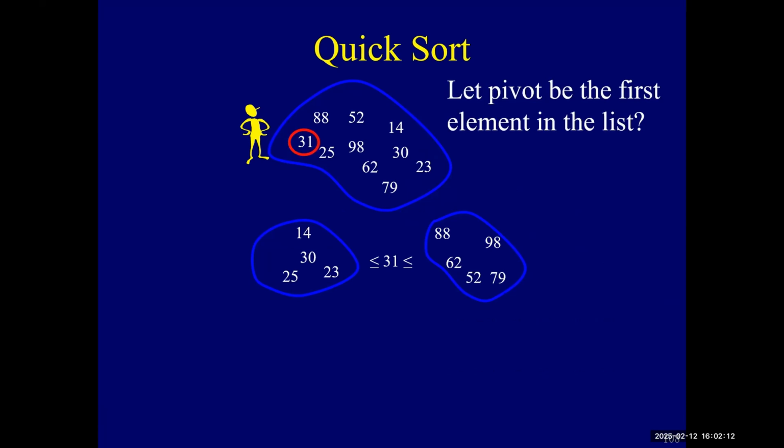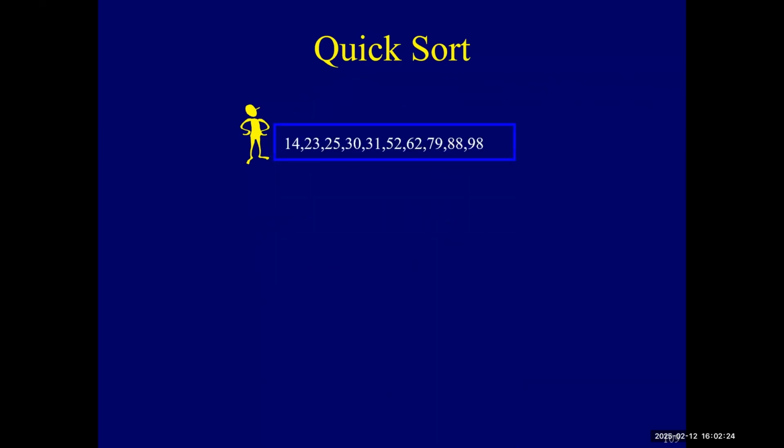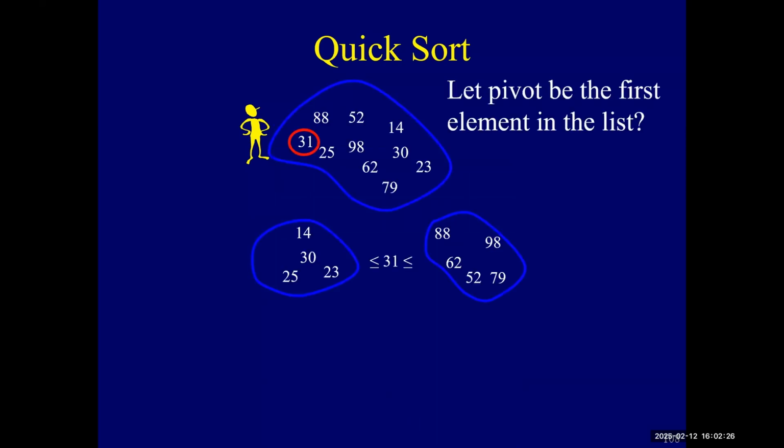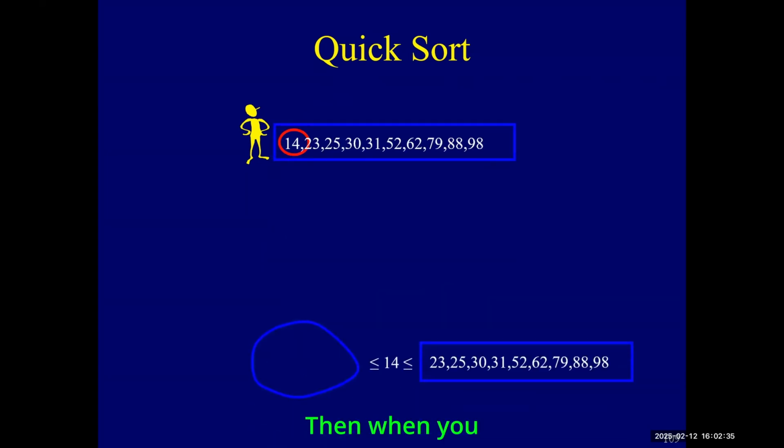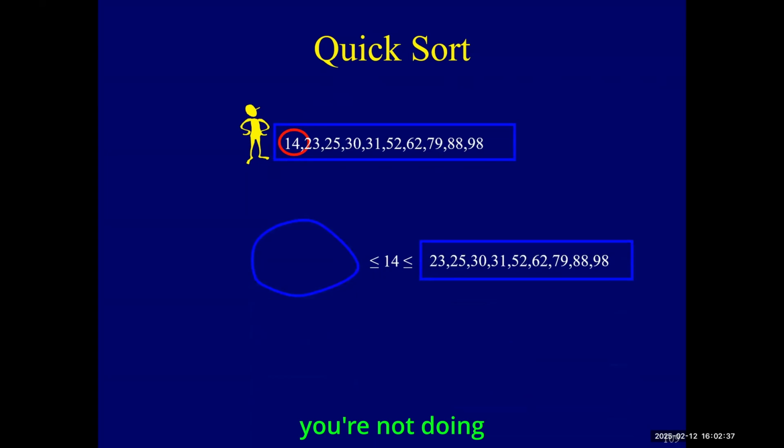So which element should we let the pivot be? One idea is to use whatever element happens to be in the first cell of the data. The problem is that if the data is sorted, then when you do the pivot, you're not doing a very good partition of it in half.